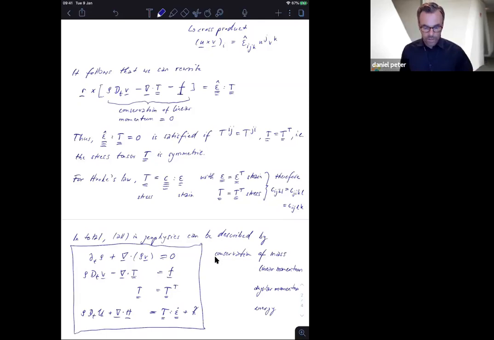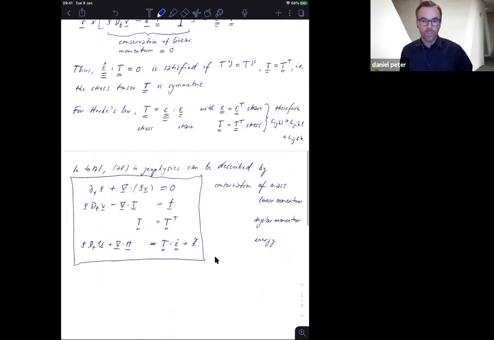And all the rest is determined by its symmetries. So that's then, in short, to summarize all the 4 conservation laws that we looked at with the continuity equation, then the equation of motion, basically, the stress symmetry, and the energy equation.